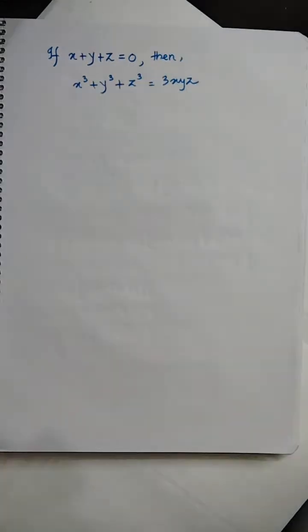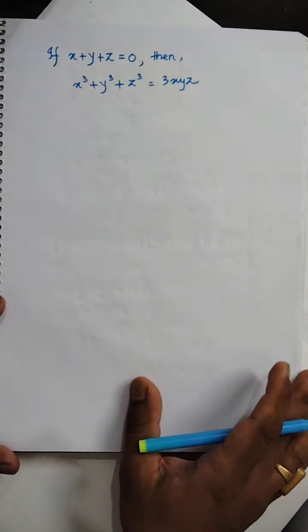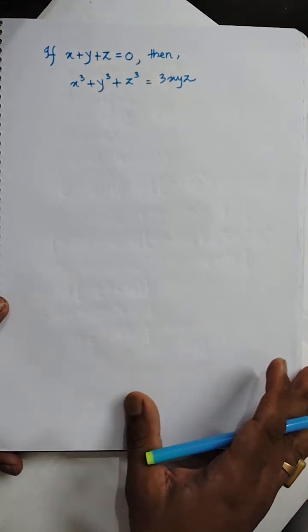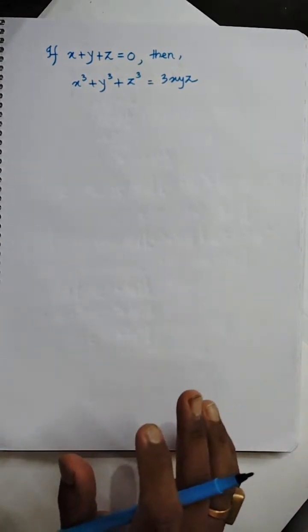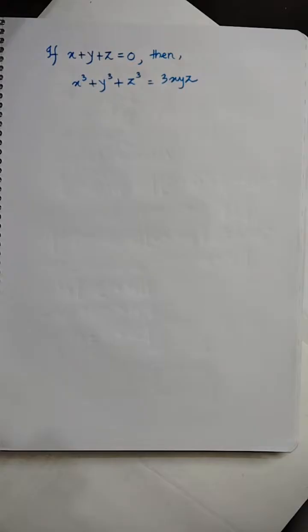Okay, so this is another important property inside this algebraic identity. So now let's derive this identity as well.